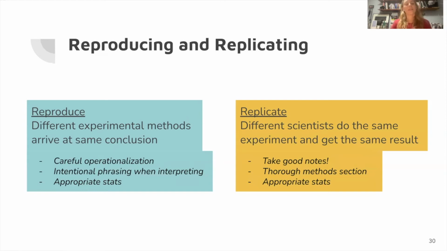The main thing here to enable reproducibility is careful operationalization, being intentional when you write, and using appropriate statistics. Of course, if your statistics aren't working, your study will probably not be reproducible because it has nothing to do with the truth. And then replication is when, again, different scientists do the same thing and get the same result. So take good notes, do a good method section, and do your stats well.